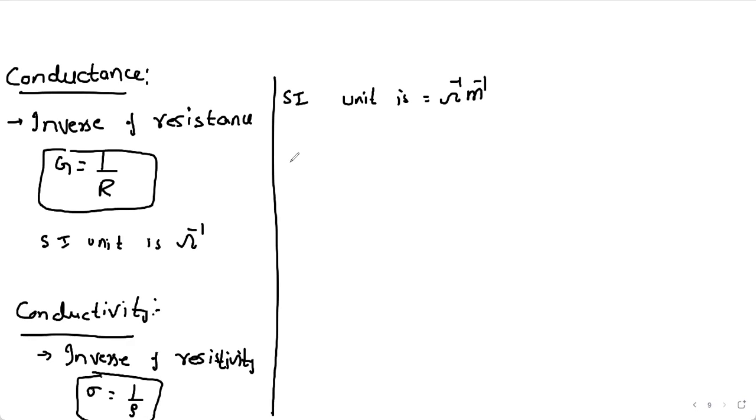After conductivity, next we have current density. These are few definitions that we may use. Current density is current per unit area.